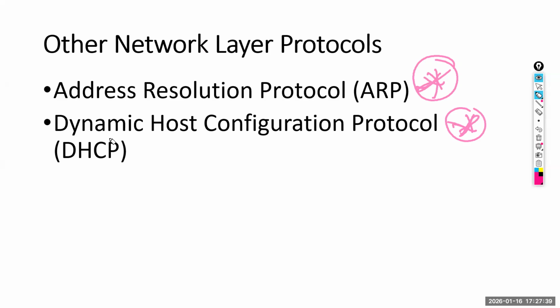We will briefly look at what a dynamic IP address is. So this is not absolutely new to you, but there's a protocol called DHCP. So other than IP, there are two more main protocols in the network layer. What are those? ARP, DHCP.